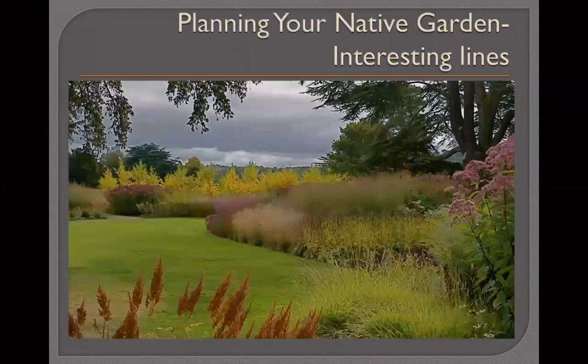Thinking of interesting lines, edging, keeping a clean edge, can be rock edging, can be metal edging, can be, as in this picture, a nice clean edge with the lawn. But lines help lead people through, and this could be a path as well as a lawn. But you want to see what's around the corner there, and it helps lead people through your garden, through your landscape.